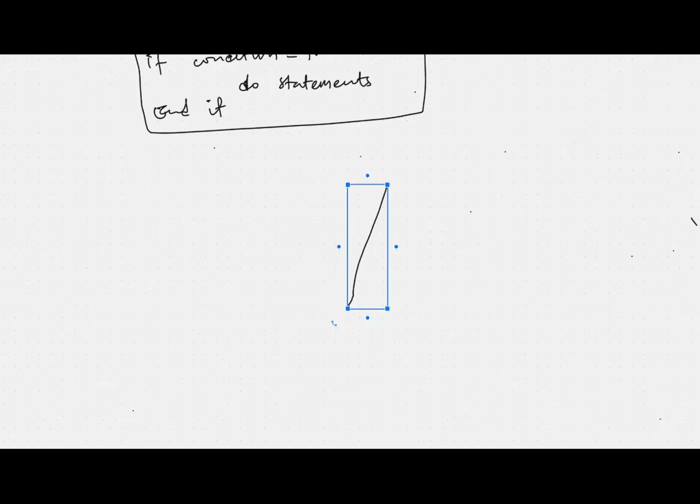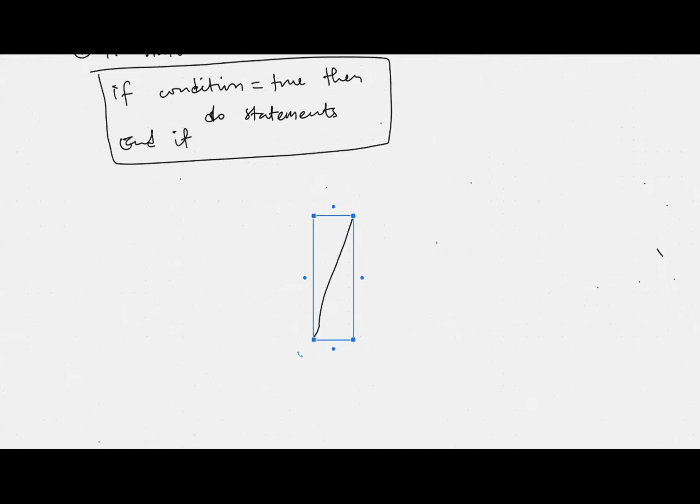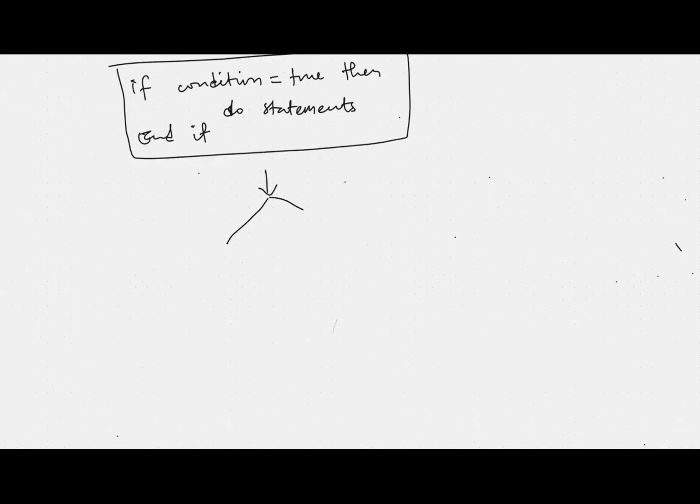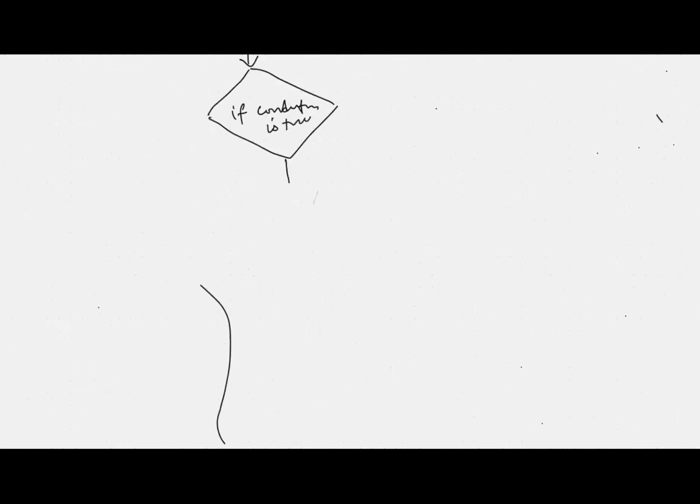So this one, what it will be is that there will be a kite, which is a decision. We are testing if the condition is true. If the condition is true, then we will be doing some statements, and then we will continue with the rest of the code.